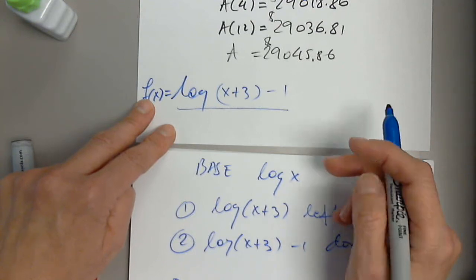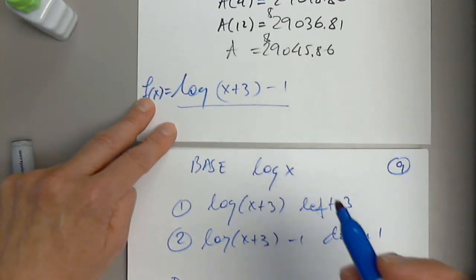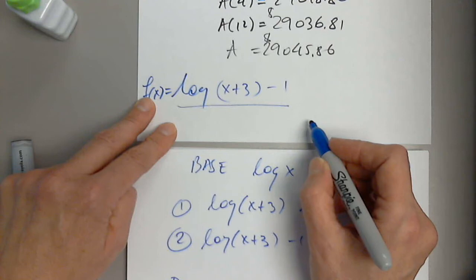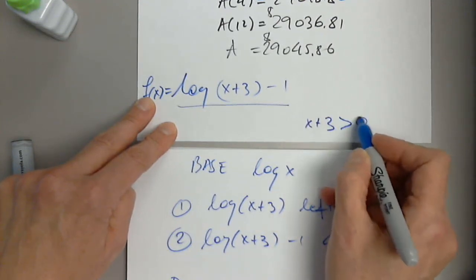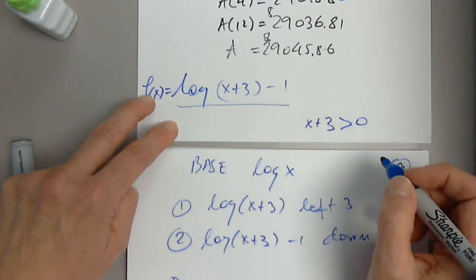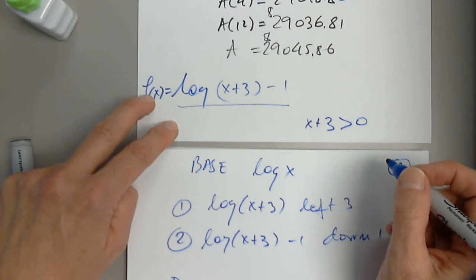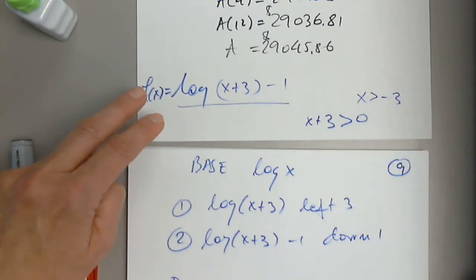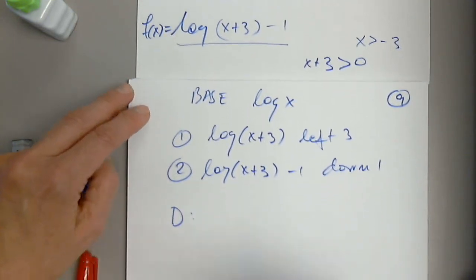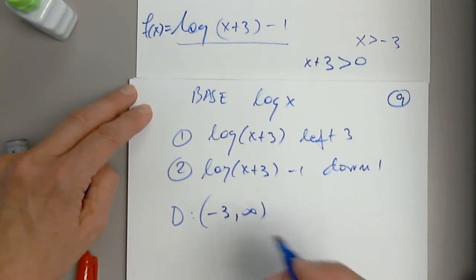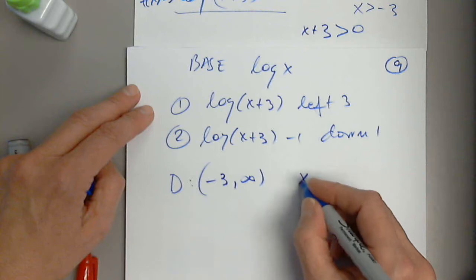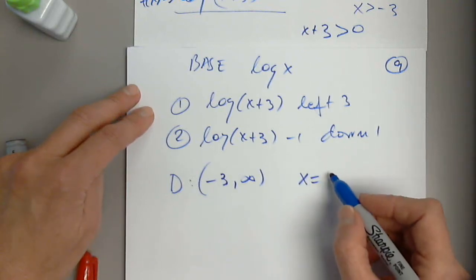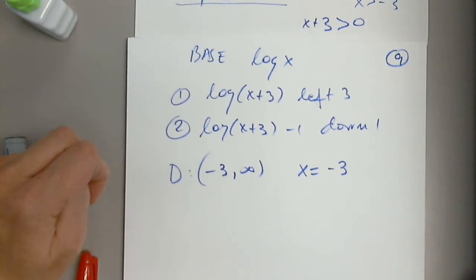Just go back and look at what we wrote. X plus 3, greater than 0. Very good. So then the domain is -3 to infinity. And the vertical asymptote is? Of course. Good.